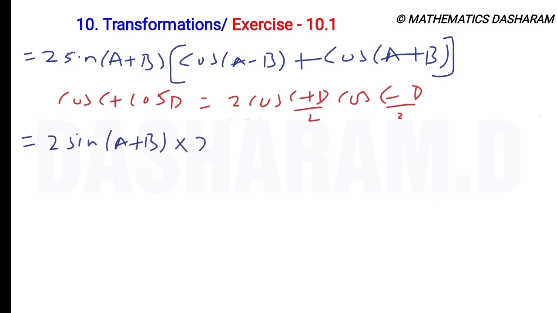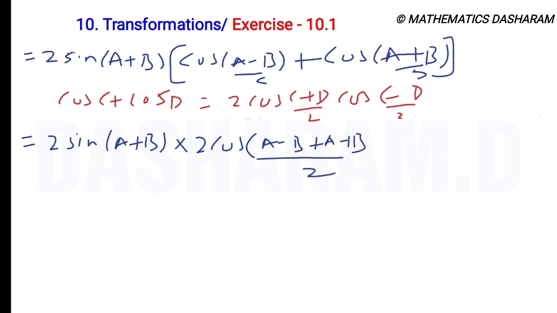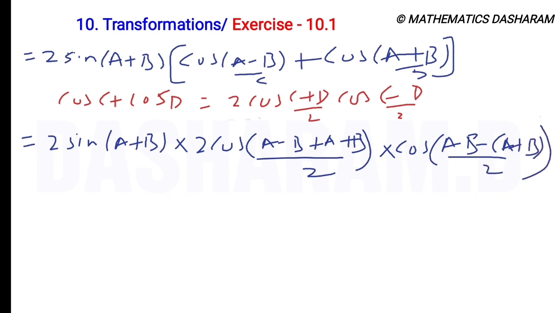Now for 2 cos((C plus D) by 2), this is C and this is D. So (A minus B plus A plus B) by 2 into cos((C minus D) by 2), so cos of (A minus B minus (A plus B)) divided by 2.